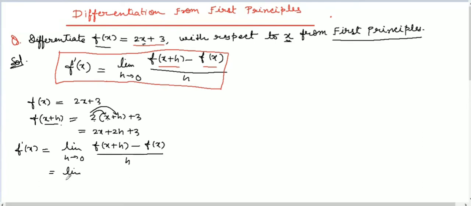In place of f(x+h), just what we found out here, write down 2x plus 2h plus 3. And here is the minus sign, minus f(x). So f(x) is 2x plus 3. So keep it in the bracket because the minus sign is there. We will open the bracket now, and over h.